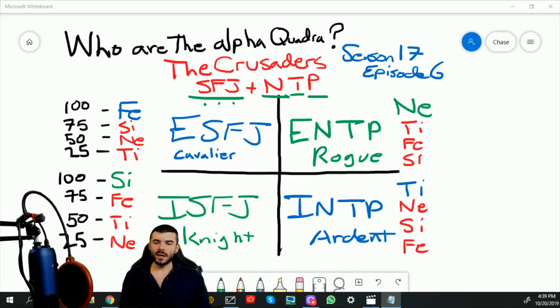And one of the big principles and life lessons of this particular quadra is that SFJ NTP quadra, which is the alpha quadra, this particular quadra is basically obsessed with fairness, absolutely obsessed with fairness. You could even argue in some cases these four types worship fairness, or they make everything to be as fair as possible.